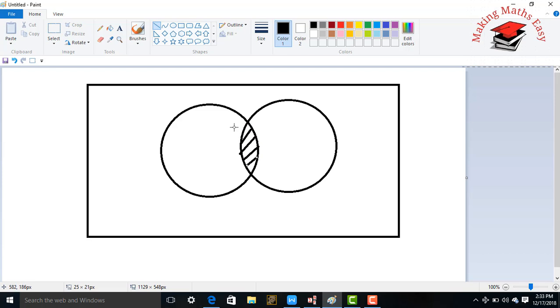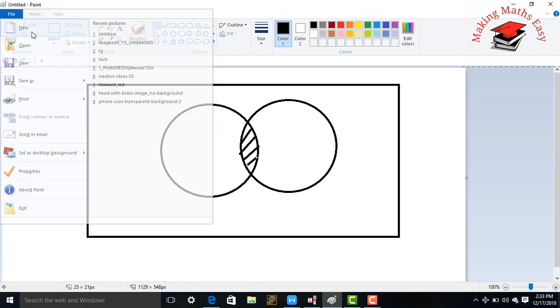Similarly, if you consider this whole portion, taking this portion as set A, and only this eaten portion as set B, then set B and set A overlap each other to form A union B. So this portion of set B has been taken. I will show you. Wait.